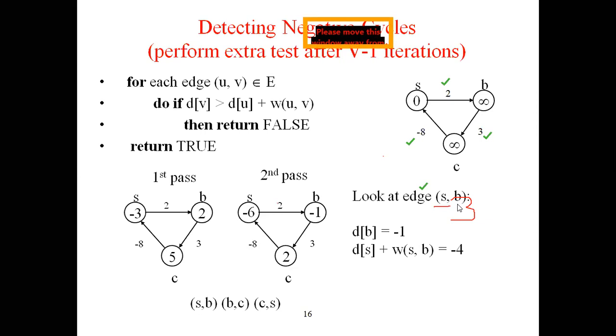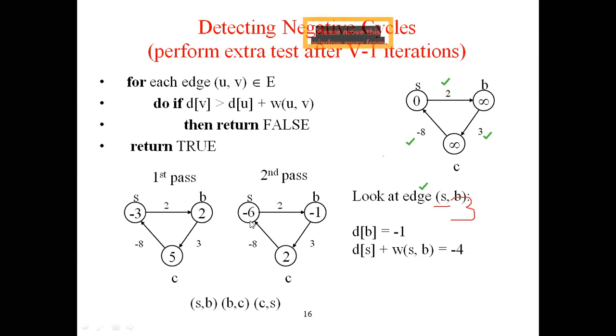Now look at edge S comma B. What is d[B], the distance of B? The value is minus 1, as in the second pass figure. Now what is d[S] plus w(S, B)?